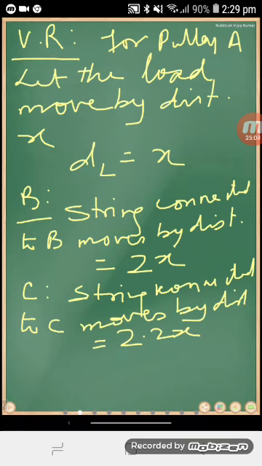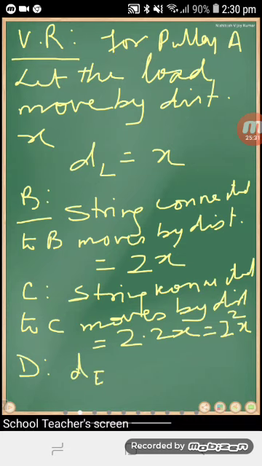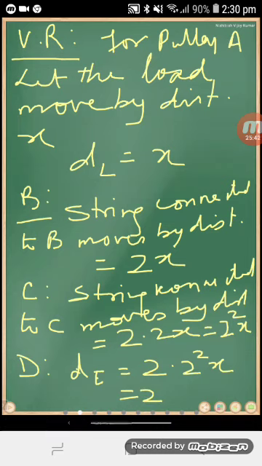All right, you can say it as 2 to the power 2 into x. Clear? And similarly, now you are applying the effort on the pulley D, the other end of the string of the pulley D. So for D, the distance moved, and this we can consider the distance moved by the effort. This will be twice the distance moved by the string in pulley C. So 2 to the power 2x. This we can write as 2 to the power 3x.